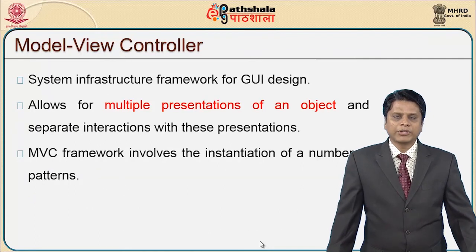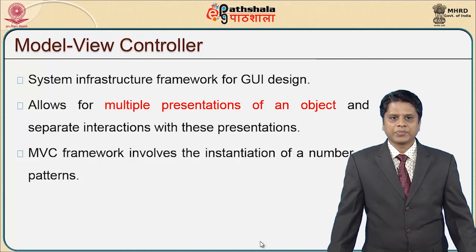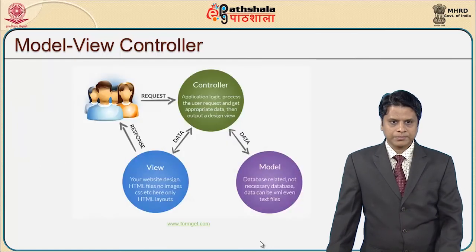We will talk about the model view controller, which is a system infrastructure framework for GUI design. This allows multiple presentations of an object and separate interactions with these presentations. The MVC framework involves instantiation of a number of design patterns.